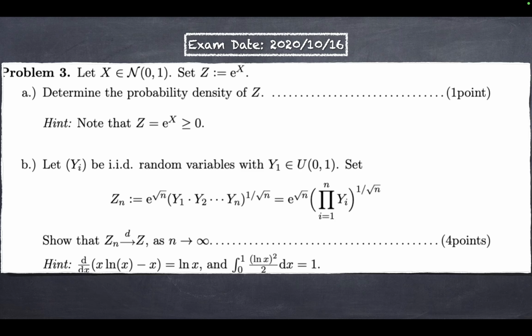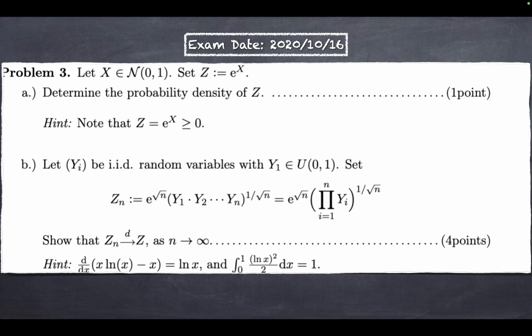Let X be normally distributed with the standard normal distribution, and they have introduced Z to be e to the X. Part A of the problem, which we concentrate on first: determine the probability density of Z. And I don't know what that hint is. Note that Z equals e to the X is non-negative. Of course, this is not something very strange.